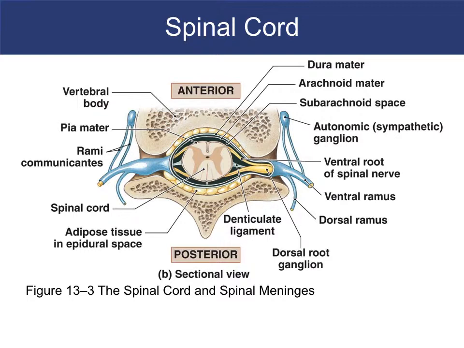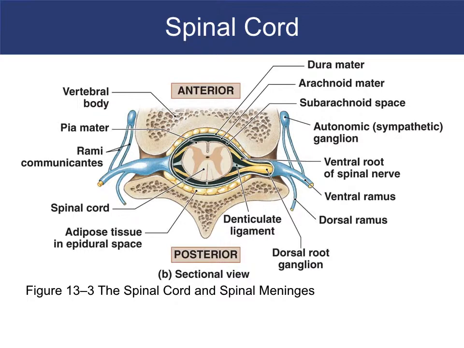Once you get the needle into this subarachnoid space, you put in a bunch of numbing medicine, and it numbs the spinal cord, for about that far, the nerves coming out of it, and gives you numbness. The problem with the subarachnoid block is you can only do it once, and that's it. You can't just go back and add a little dose here and a little dose there.